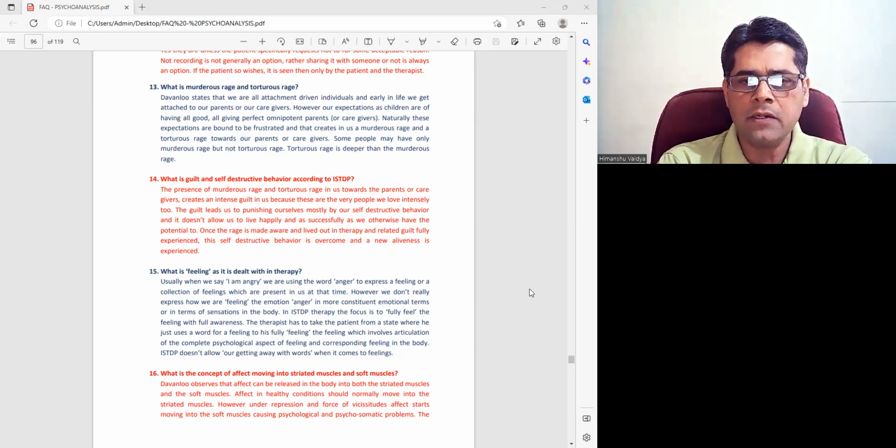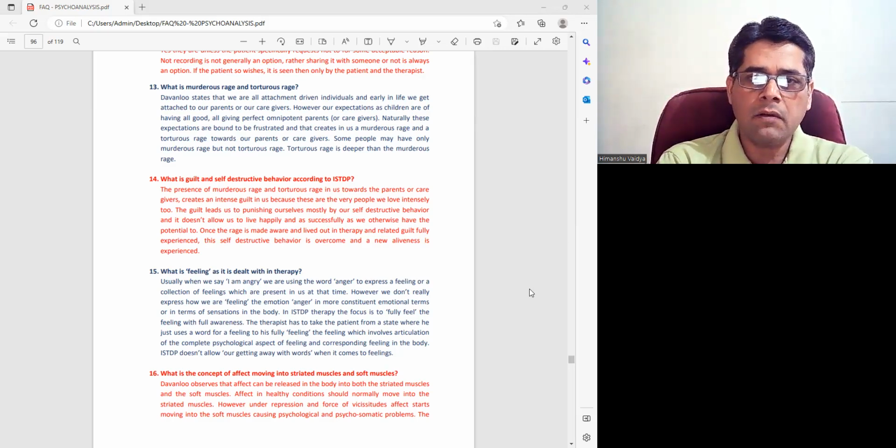Either it is in the striated zone, which is where we want it to be, and this is the optimum state where we wish to work, or it can be going into smooth muscles, or it can go into cognitive perceptual disturbance.